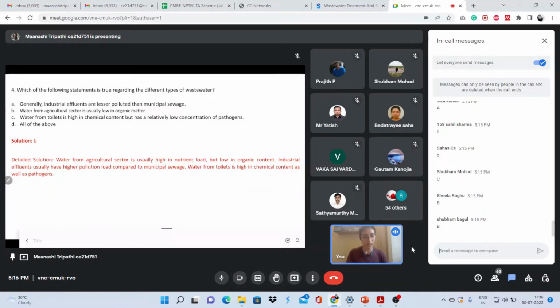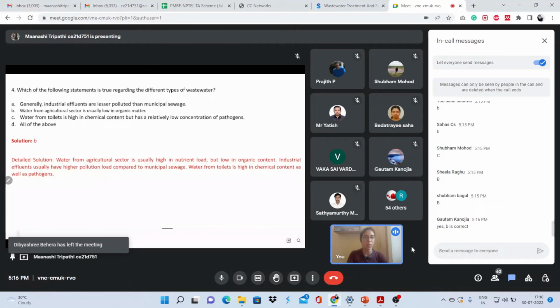Okay, so in agricultural wastewater, nutrient load is high, but organic content is less. And in industrial effluent, we have high pollution load because in our daily domestic wastewater that we use in our homes, what will be high? There will be some detergents in little amount. There will be some organic matter from our kitchens.